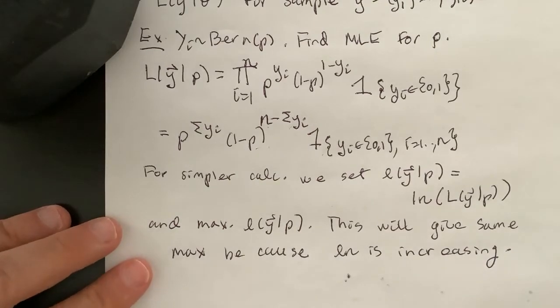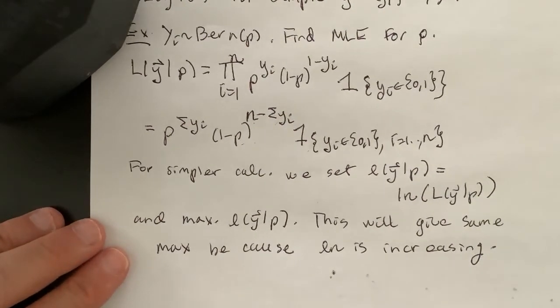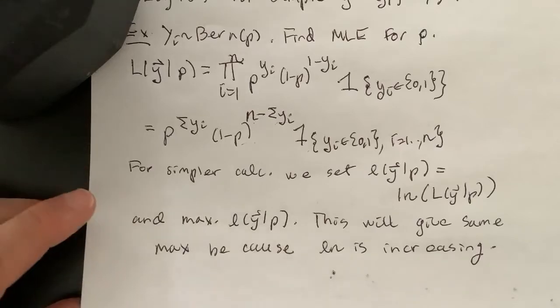So if I find where ln of big L is max, then that is where big L is max.